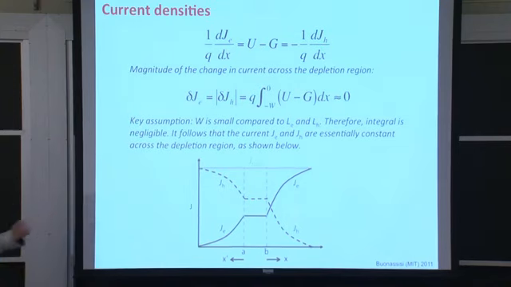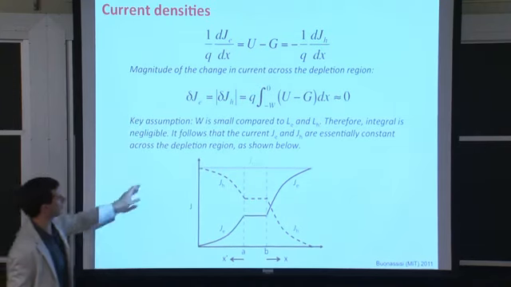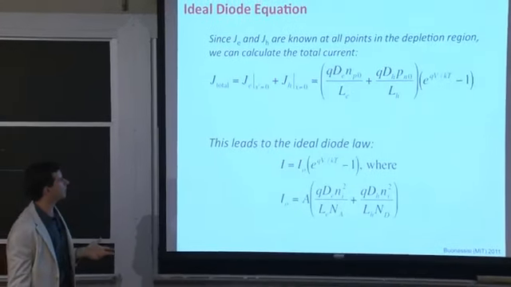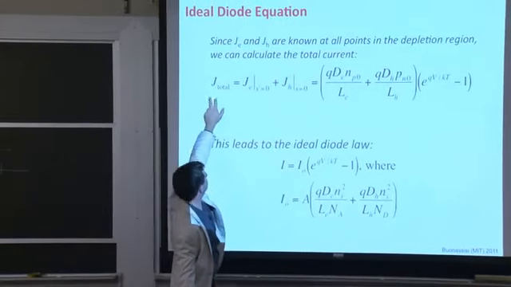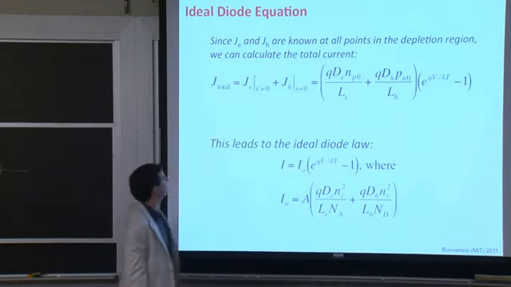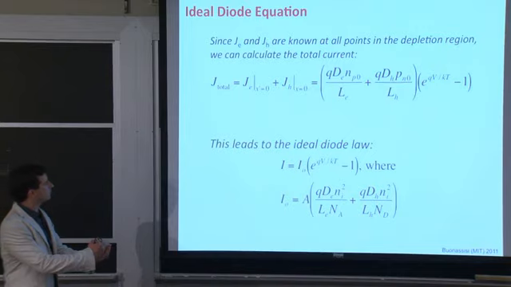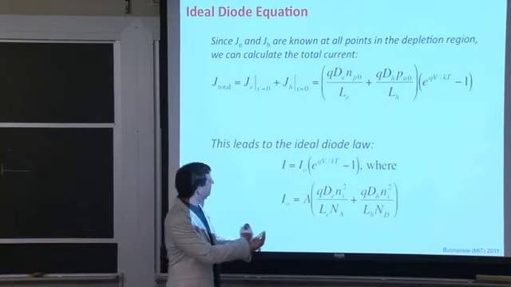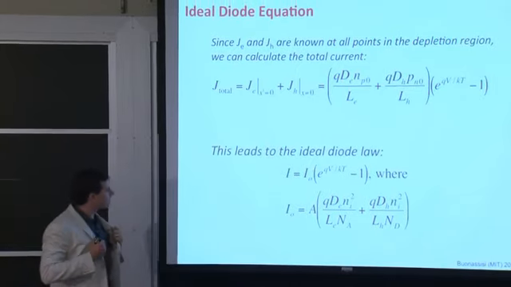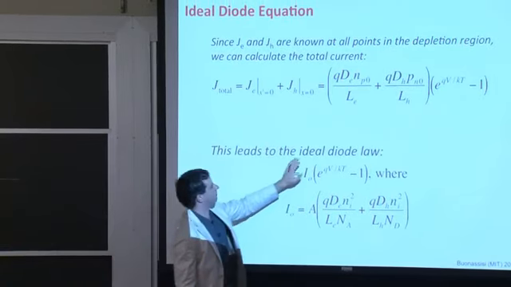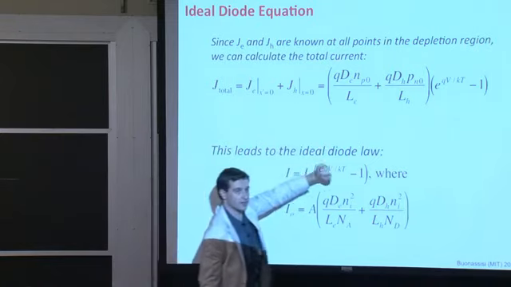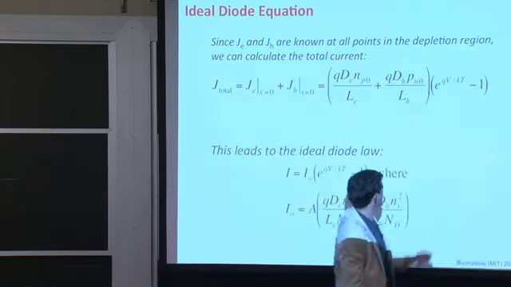And if we continue through the series of calculations, including the continuity equation for accountability, we wind up with an expression that looks like this right here, where the total current flowing through the device will be equal to the electron current at the edge of our space charge region coming from the p-type side, plus the hole current coming from the n-type side, the addition of the two together. And that's effectively this equation right here, where we have an exponential relation between current and voltage.